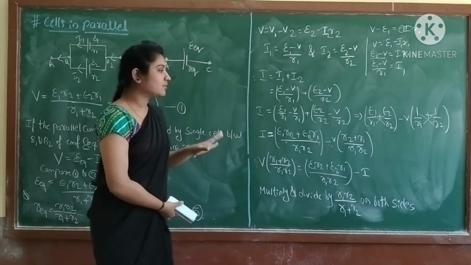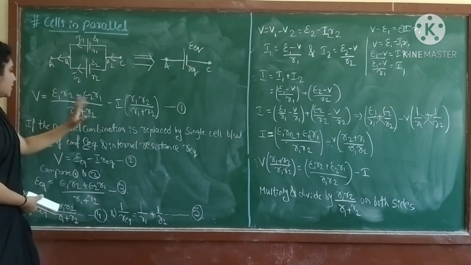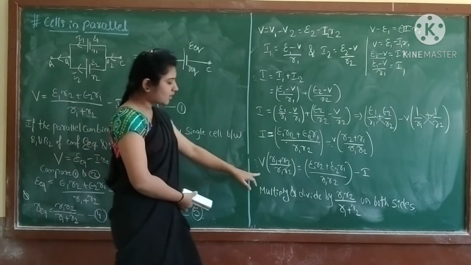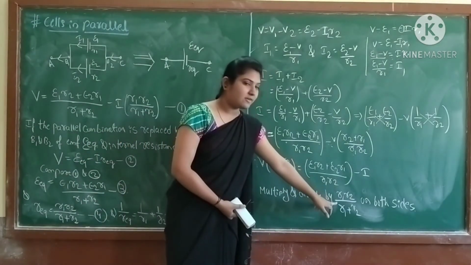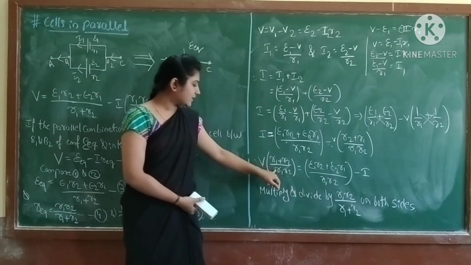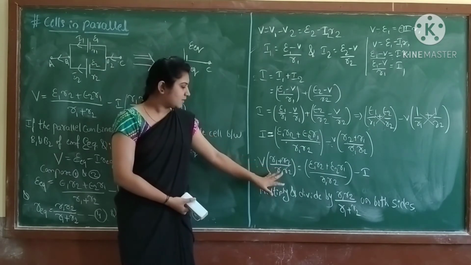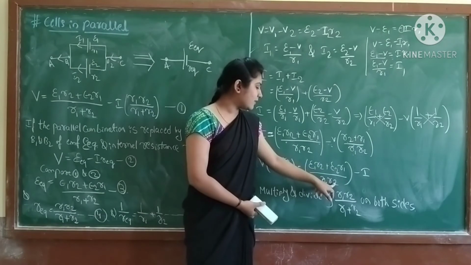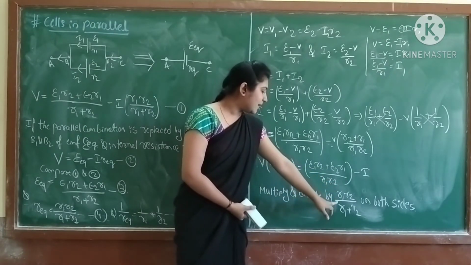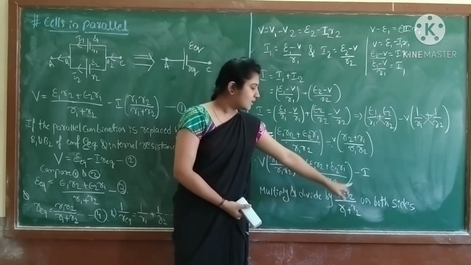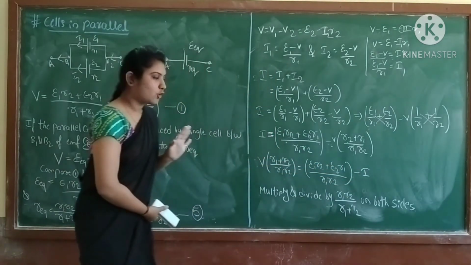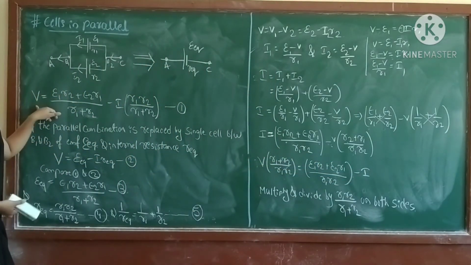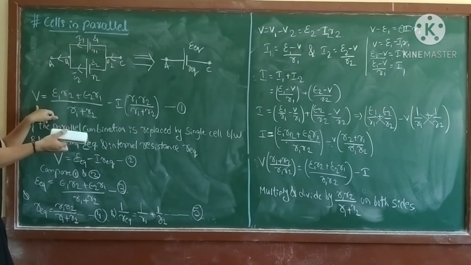So what will we get? Like this. Yes? So how? See, if I multiply by this and divide by this, it will get cancelled. Correct? Then equal to E1 R2 plus E2 R1 divided by R1 into R2, multiplied and divided by the same. Yes? Then minus into I. What will you get here? V. That will get cancelled from that.